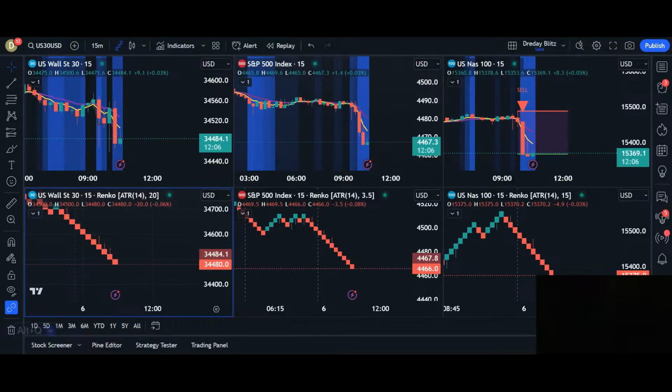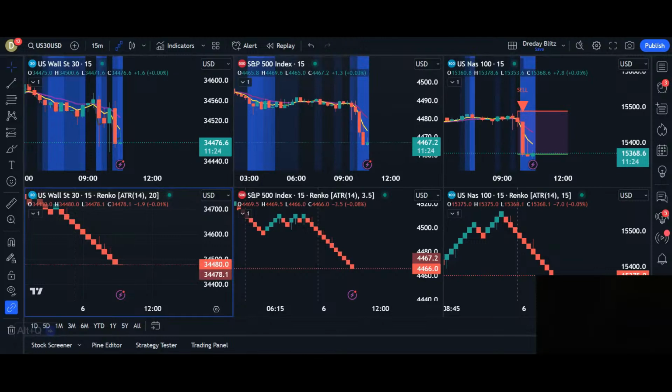Before, I was someone that was trading Asian session, London session, New York session, and I was trading multiple pairs at the same time. But at the end, you just have to master a few pairs. The reason why I trade S&P 500, US30, and Nasdaq 100 is that most of the time those three indices move similarly, and sometimes I'm able to capitalize on multiple indices in the same direction.